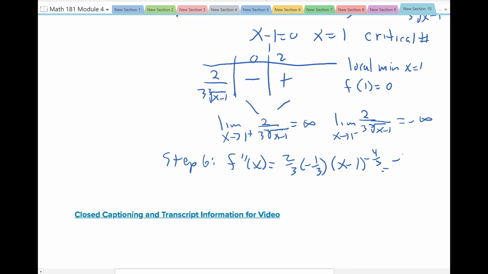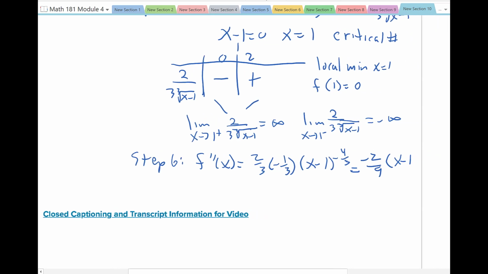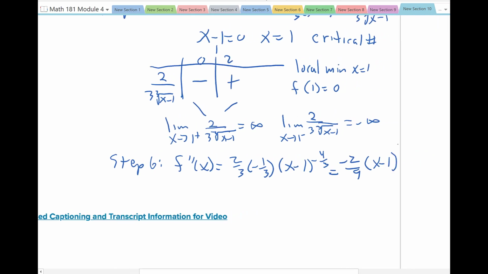So you can see that as negative 2/9 times x minus 1 to the negative 4/3. This is defined everywhere except x equals 1.